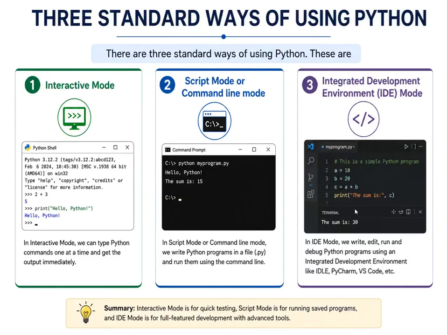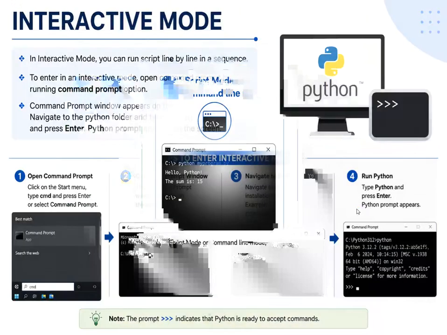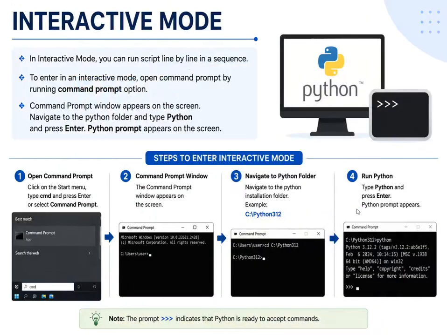Interactive is one command, one output. Script mode creates a file, a group of instructions; that file is run and output is generated. And an IDE is an environment where we type all these commands, save them, and run them.